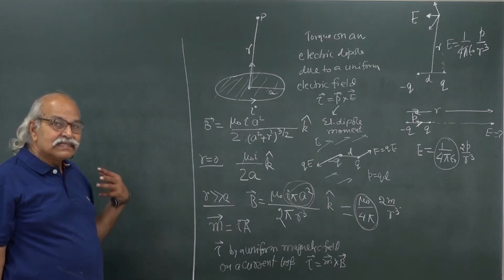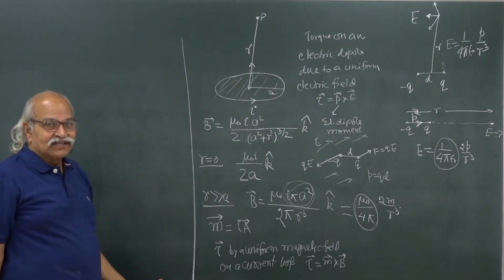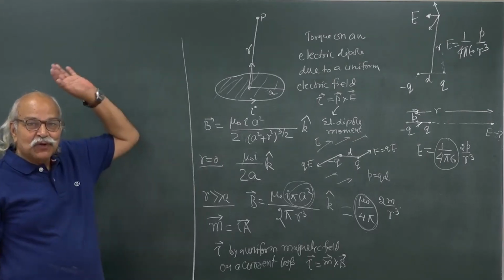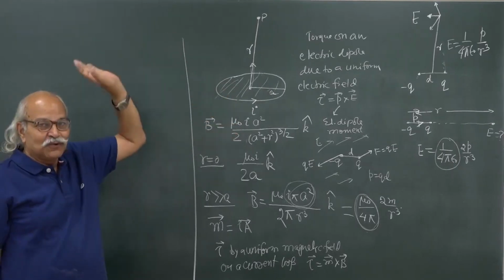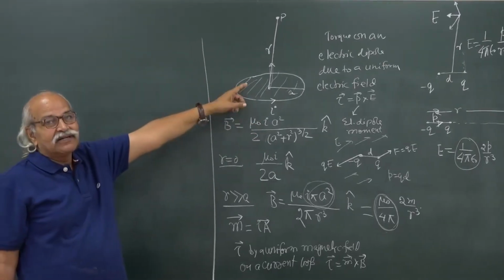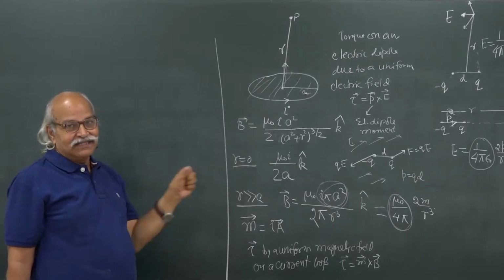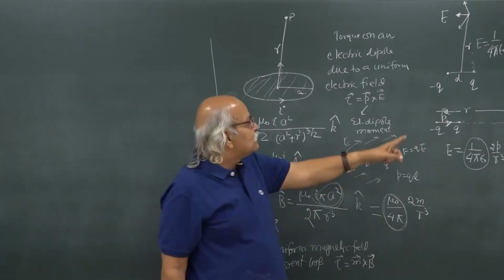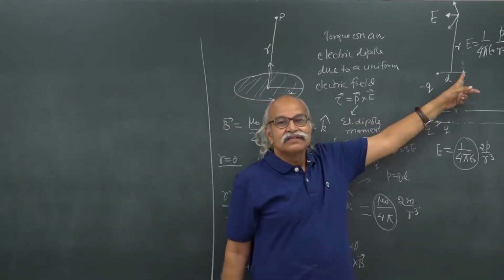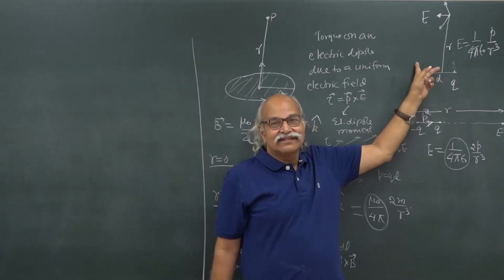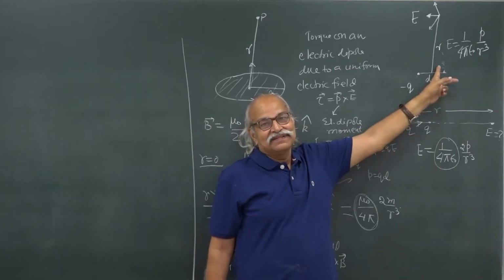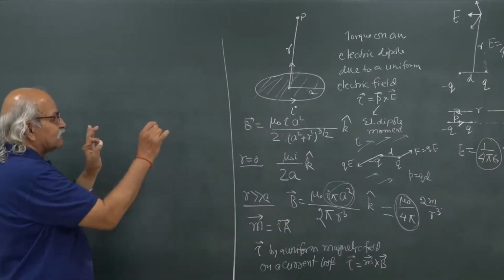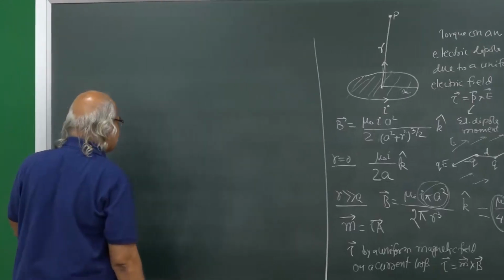So, all this suggests to us that even if it is not the case, we know that this will not be the case, but let us consider this current loop as a combination of 2 point magnetic charges, one negative magnetic charge and one positive magnetic charge, placed at a small separation d.